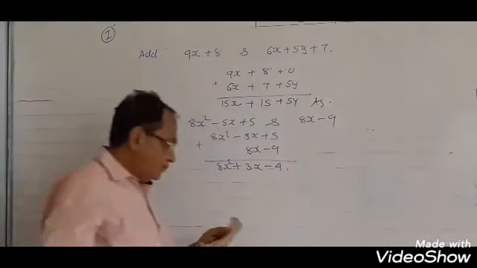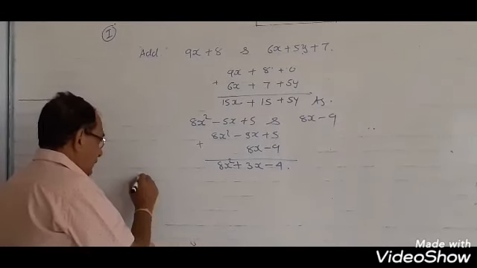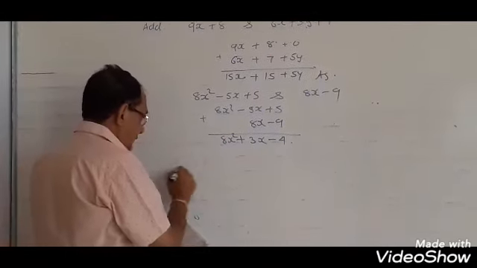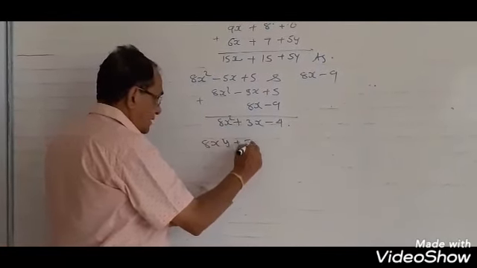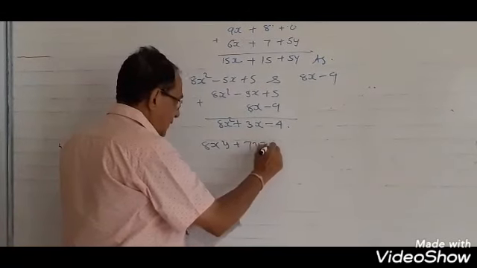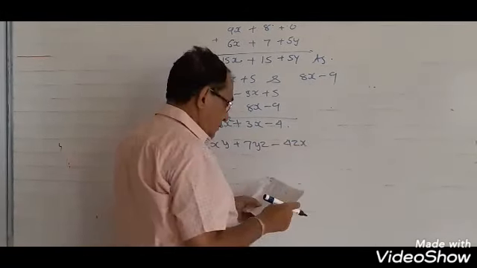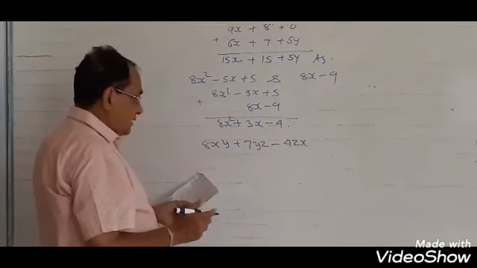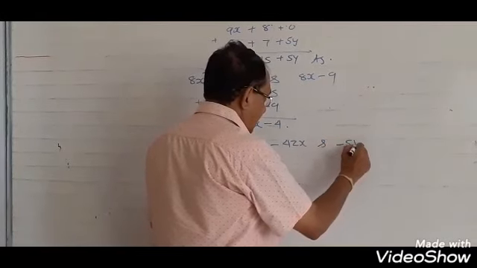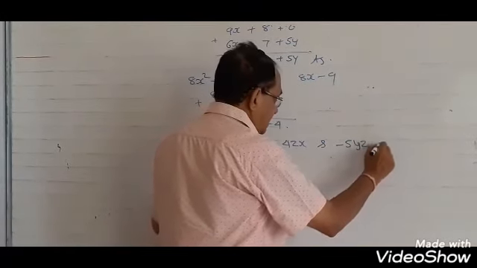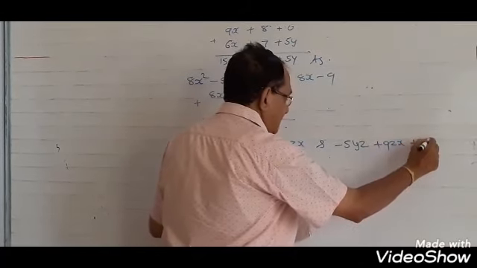Now, second example. 8xy plus 7yz minus 4zx and minus 5yz plus 9zx plus 4x.